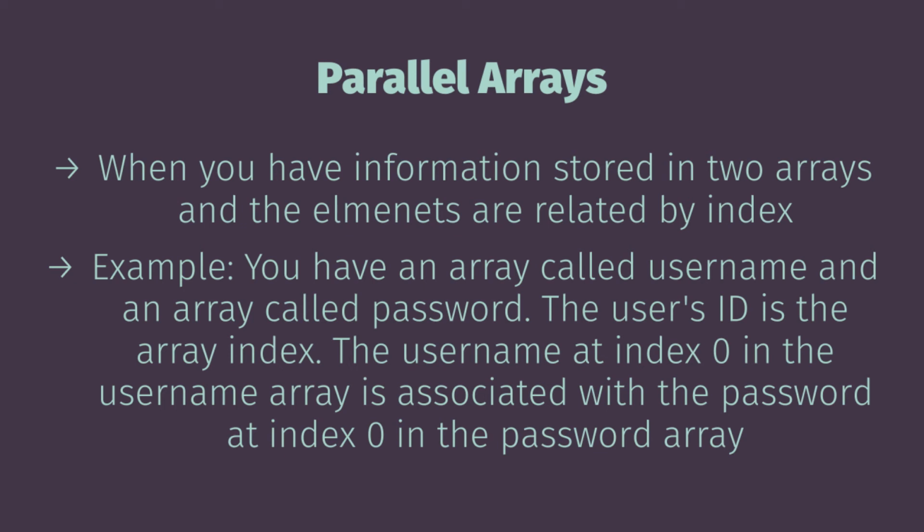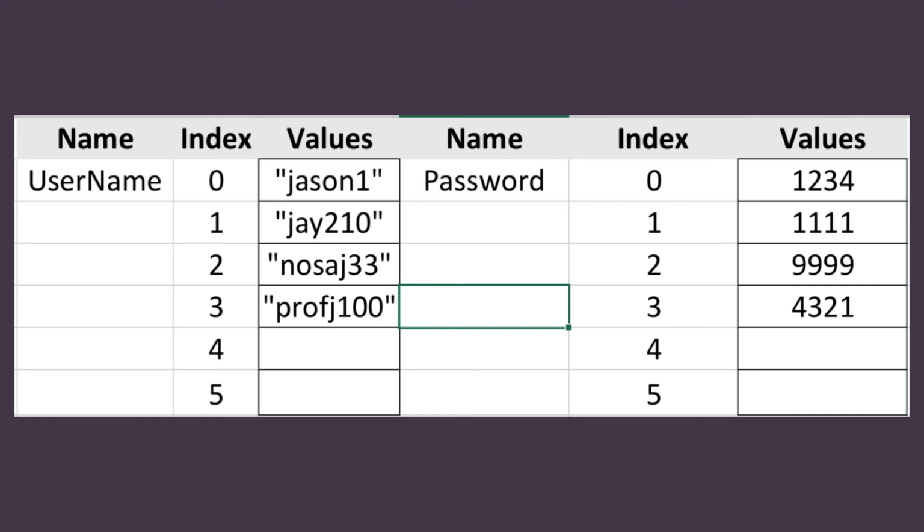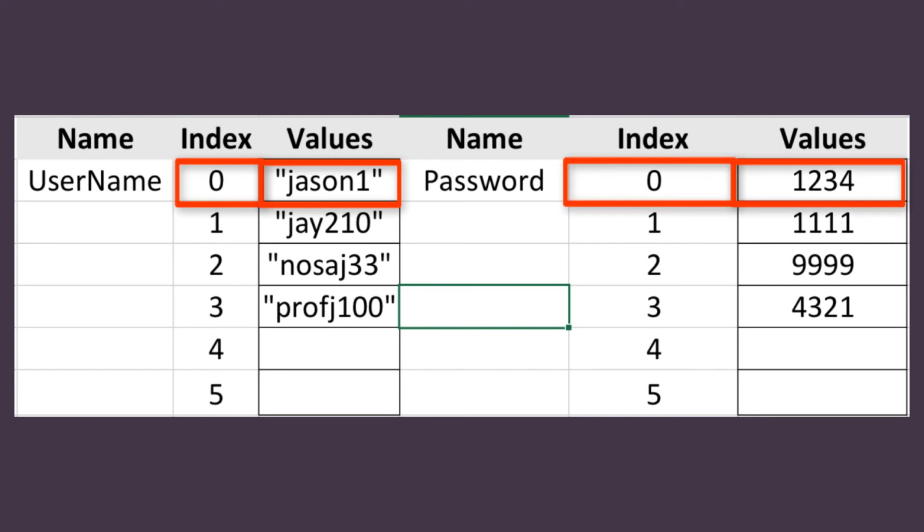So let's take a look at an example of how this works. So here's my example. Username 0 is Jason1. So my username is Jason1. And that would mean that in the second array named password, index 0 is the value 1234, and that would be my password. So these two arrays contain separate information.